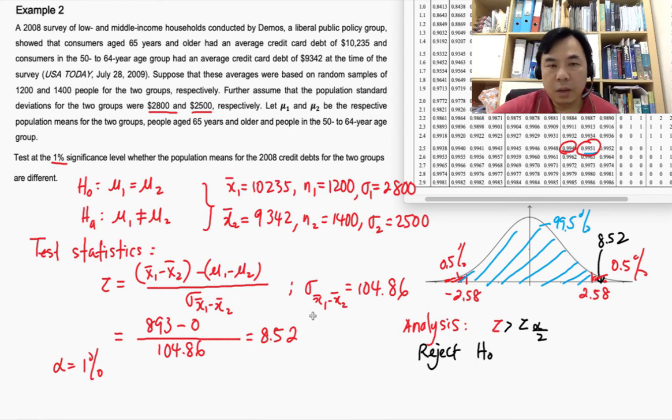Once you reject the null hypothesis, then indirectly we are saying that the alternative hypothesis would be true. So by saying that the average credit card debt between the two groups are not different. Sorry, are different. Right? So therefore, I'll write down a conclusion.